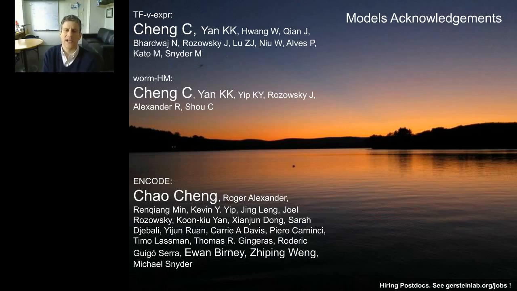Chao was a postdoc with me for many years. He's now moved on to a faculty position at Dartmouth, and he worked very extensively with Koon-Kiu Yan, Nitin Bhardwaj, and Renqiang Min, and others, and also Xiaoyu Wang at BU in developing these models.